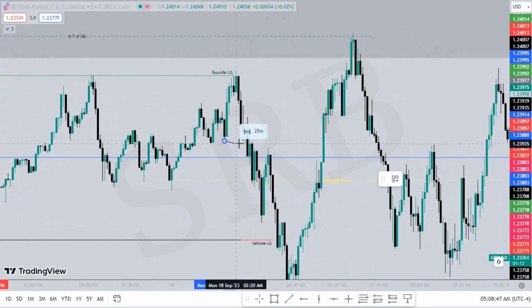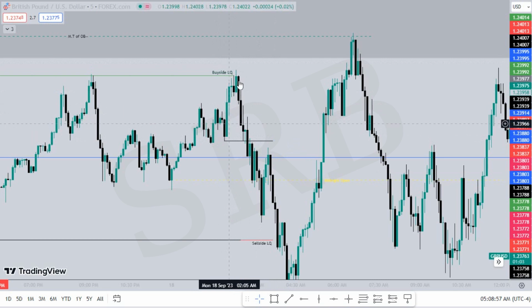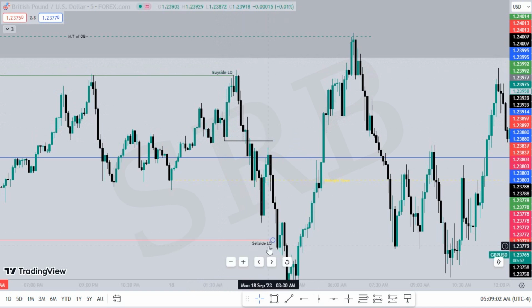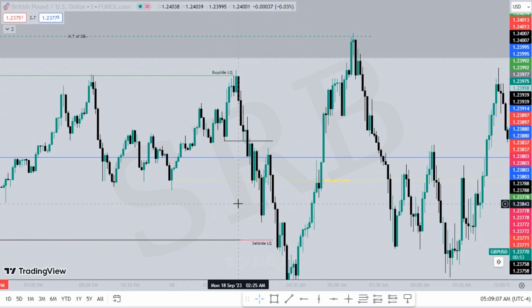So this would be the low. And remember, this is the starting point of this move higher, digging into the buy side liquidity, and we are expecting a bearish move, let's say it that way.